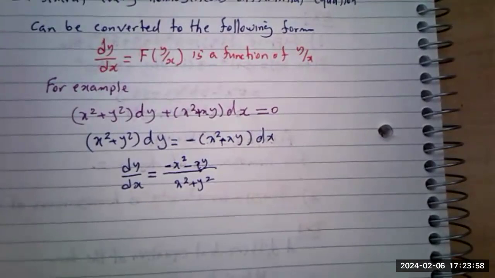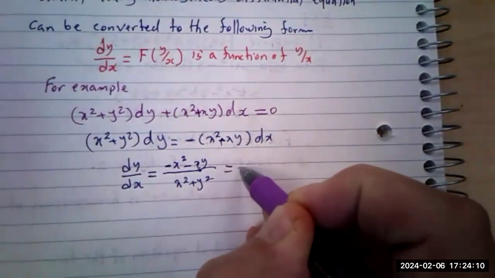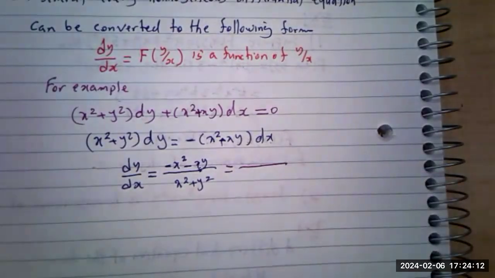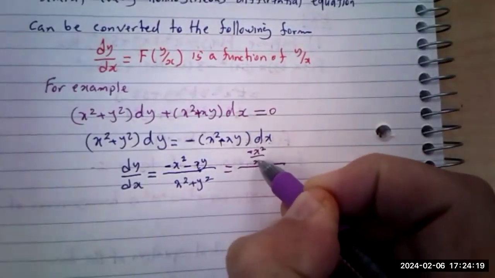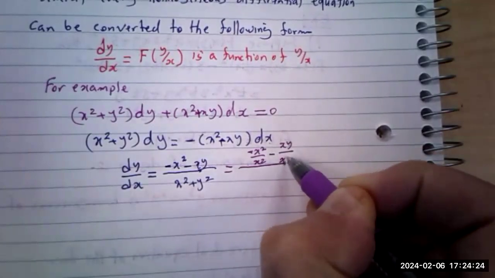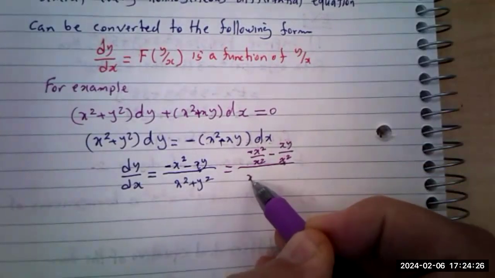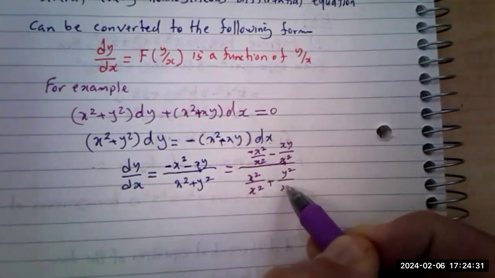Now I want to change it to a function of y over x. In this case, remember, the degree is 2. So what we can do is factor out x squared, or divide by x squared. Both are the same. If you divide by x squared, that gives you x squared over x squared minus xy over x squared on top, and x squared over x squared plus y squared over x squared on the bottom.